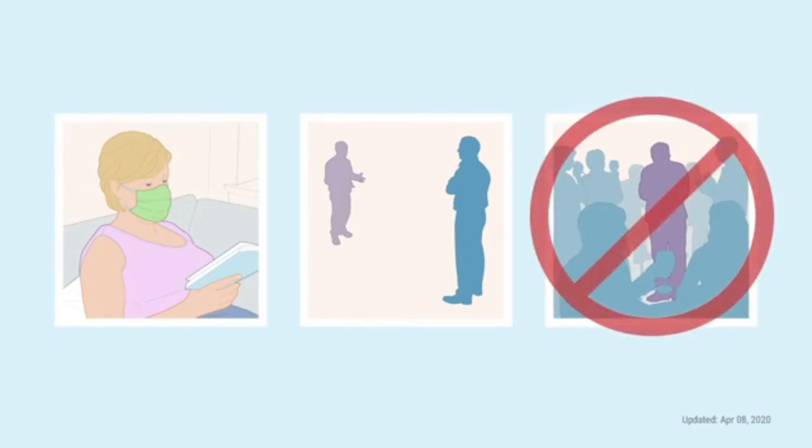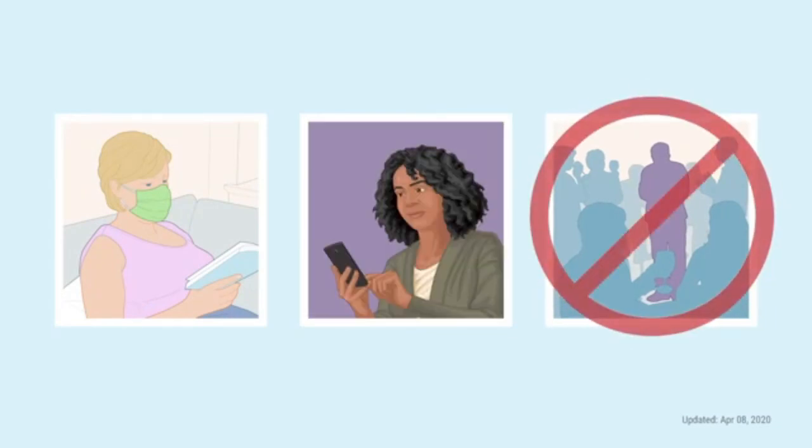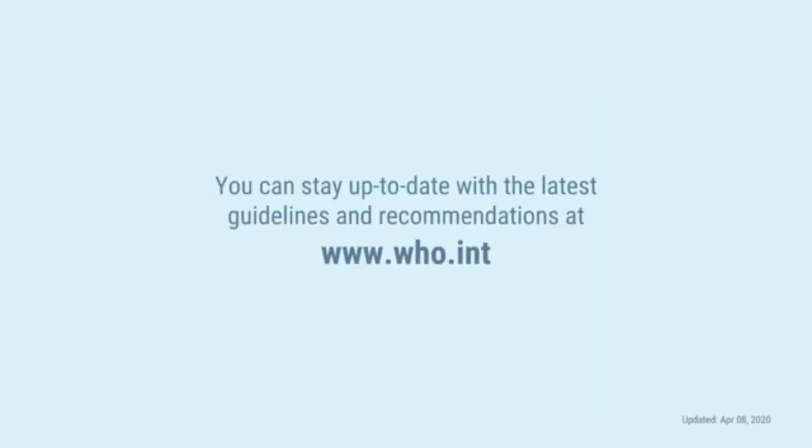Remember, if you are feeling sick, stay home and call your doctor. By taking these practical steps, you can protect yourself and those around you and help slow the spread of the virus. And you can stay up to date with the latest guidelines and recommendations at www.who.int or your national health agency.